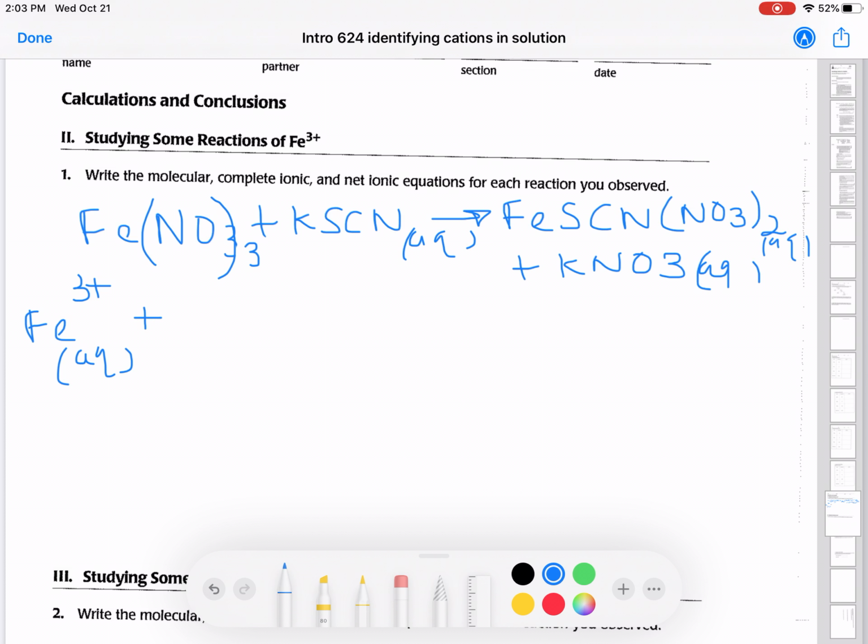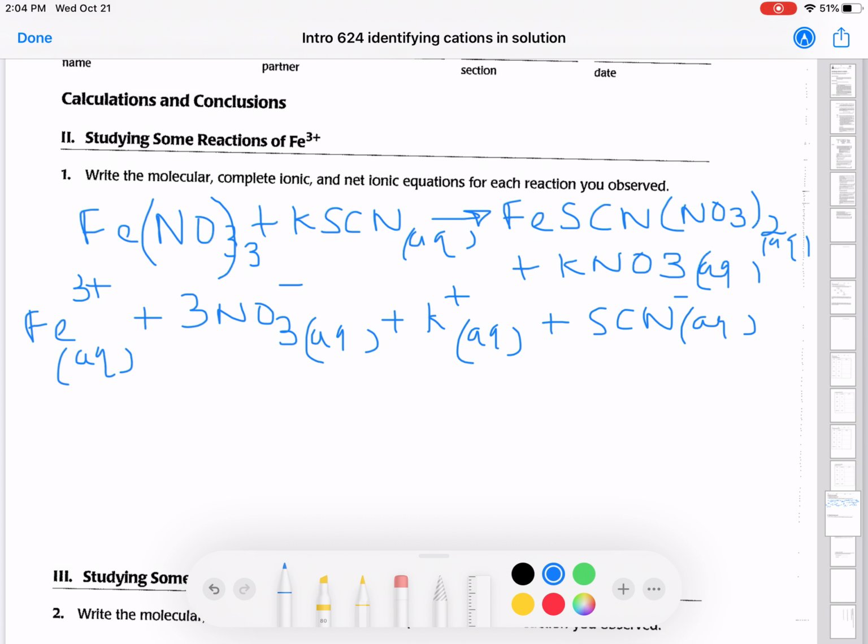And potassium thiocyanate is going to separate into 2 ions, K plus aqueous plus SCN minus, thiocyanate, aqueous. So that's going to be all your reactants.